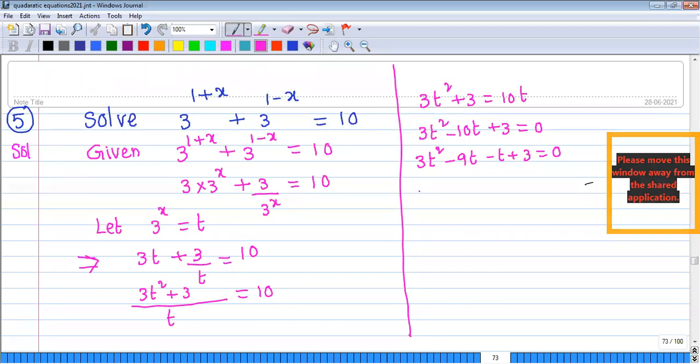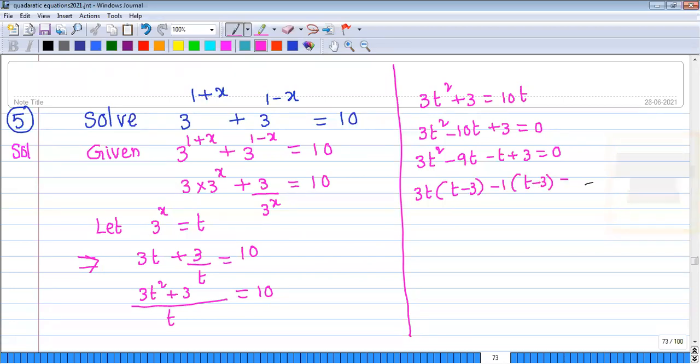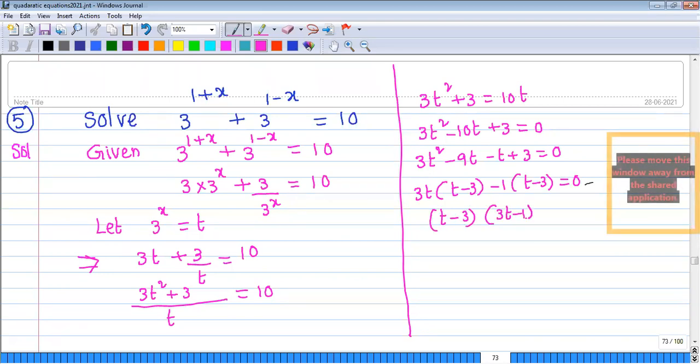From the first two terms, let us take 3t common. We have 3t times t minus 3. Minus 1 common, t minus 3 equals 0. Again t minus 3 common, we have 3t minus 1 equals 0. So we get two cases. t minus 3 is 0, t becomes 3 obviously. 3t minus 1 is equal to 0, 3t is equal to 1, t is equal to 1 upon 3, that we can write as 3 power minus 1.